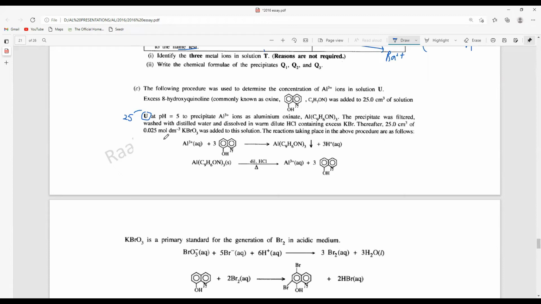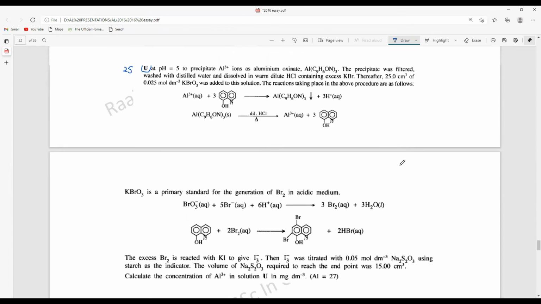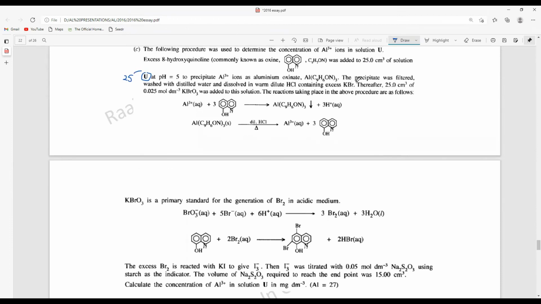When you do this process up to here, the solution contains the dissolved oxine and Al3+. Additionally, you will have Br minus because KBr is also added. So all these are present at this point, right?